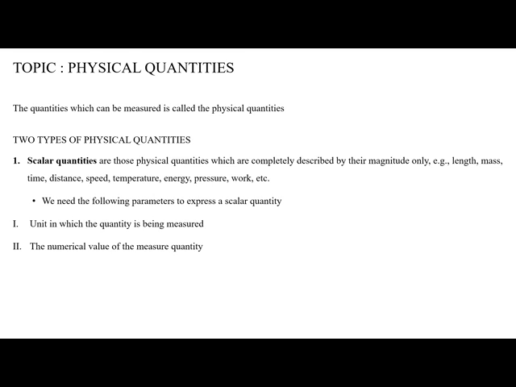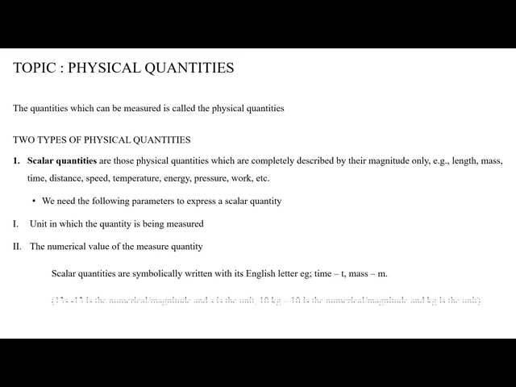So along with the unit we get a numerical value. For example, if you measure a distance, you get 1 meter. The 1 is a numerical value. Always remember that scalar quantities are written symbolically with just their English letters. For time it is T, for mass it is M.